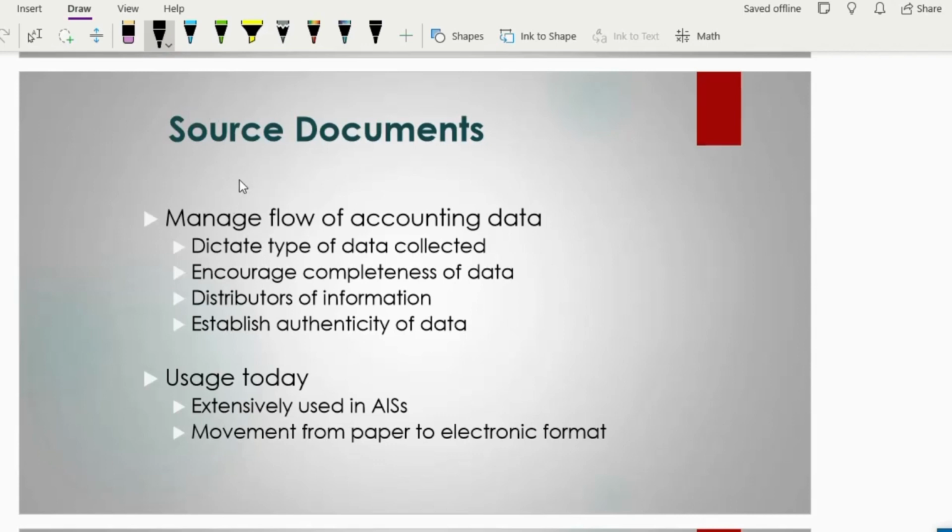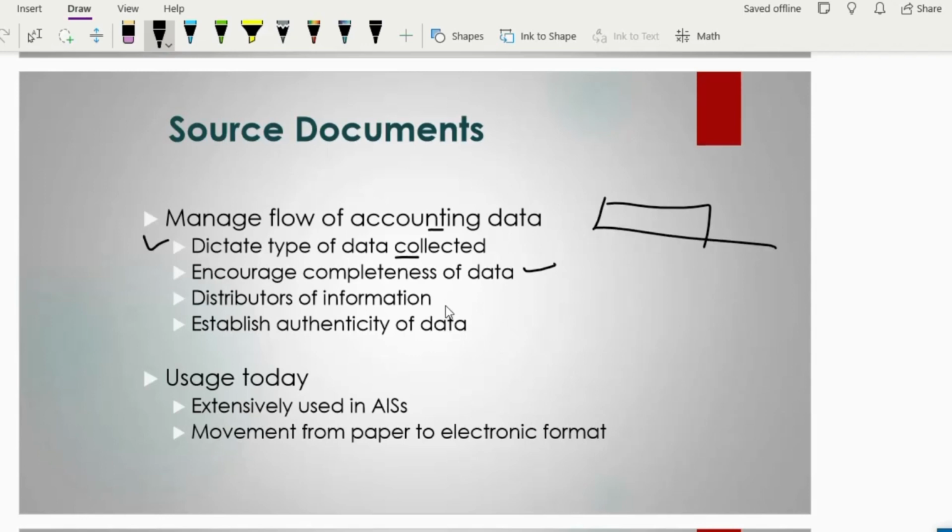Source documents manage the flow of accounting data. They help in properly entering the collected data in the system. It also encourages the entry of complete data into the system, because everything is written in the document. That's why.